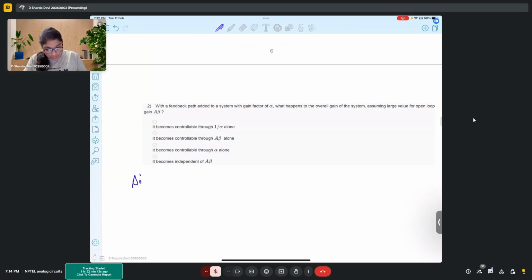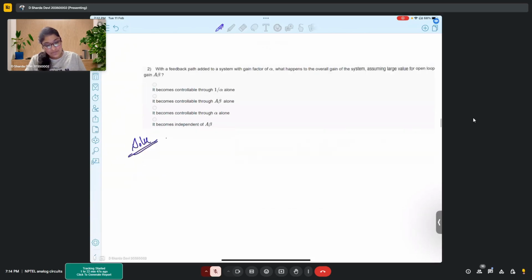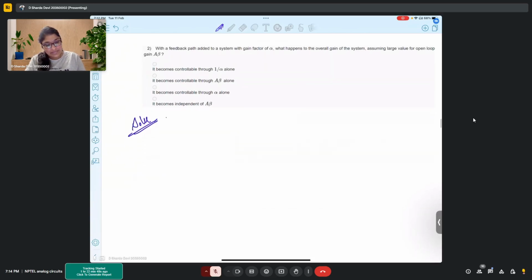Okay. Moving on to the next problem. In this problem, a feedback path with a gain factor of alpha is added to a system. What happens to the overall gain of the system, assuming a large value of open loop gain A beta?